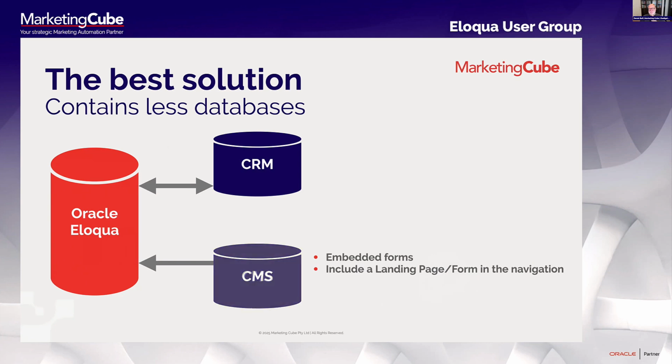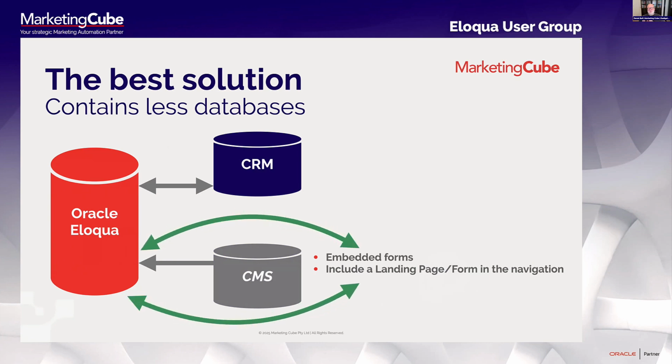In this case, the CMS is not really part of the story anymore, except if it has an embedded form on it. But from a data point of view, the data flows directly from the embedded form into Eloqua. The data is not going from the form into the CMS and then into Eloqua.